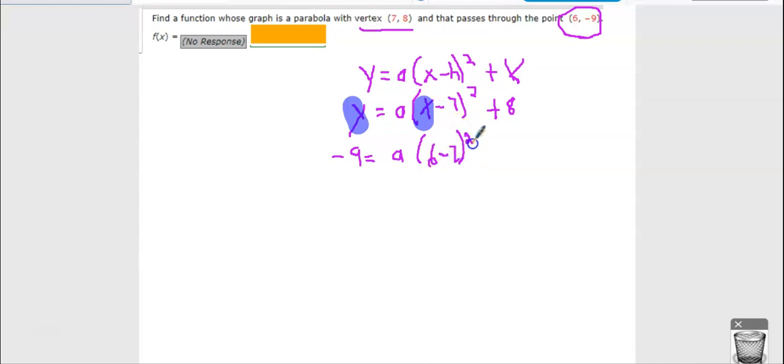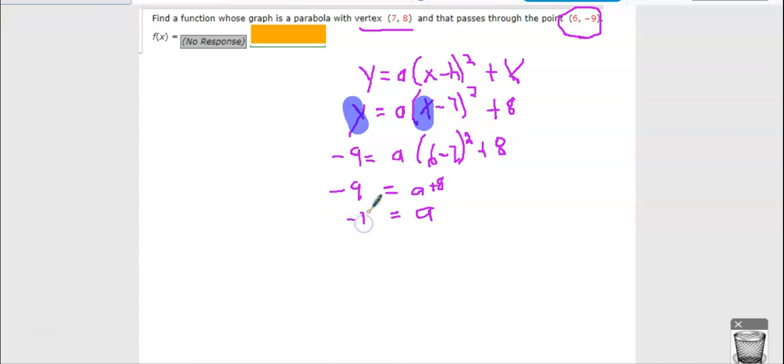Again, excuse my handwriting with the mouse, it's a little sloppy. So 6 minus 7 is negative 1. Negative 1 squared is positive 1. So 1 times a is just a. So a plus 8 equals negative 9, which means a equals negative 17.